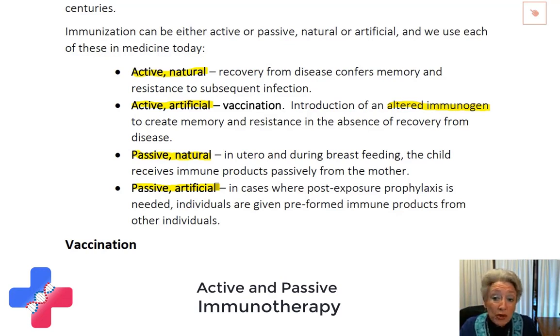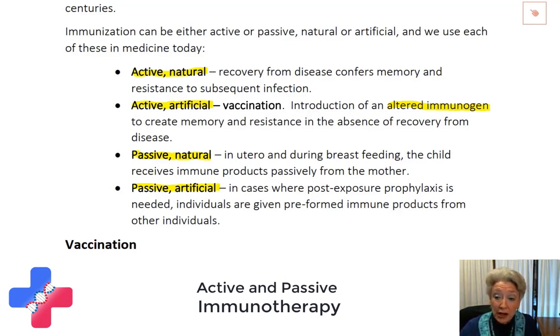Remember that those things that we've been working through for quite a bit of time now in the immune system strategy, those things take at least 10 days to 2 weeks to have a full-blown evolution of their strength. So if we do not have 10 days to 2 weeks to get a patient to make a response of their own, then what we have to do is artificially give them the products of an immune response that might help them through the worst of the disease.